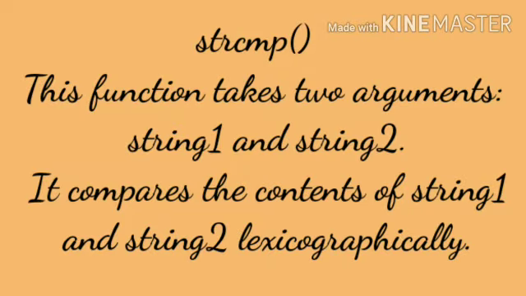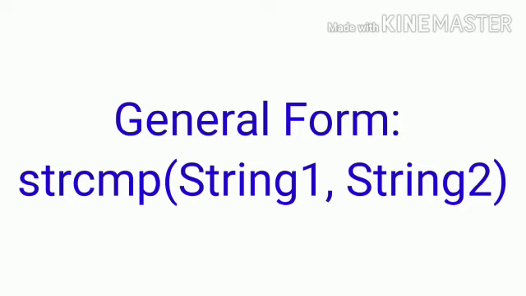The next concept is string comparison, that is strcmp. Here two arguments are there, one is string 1, another one is string 2. Compare these two strings and then produce the output. Here the comparison is based on ASCII values. The general format for string comparison is strcmp, two arguments are passed, string 1 comma string 2.